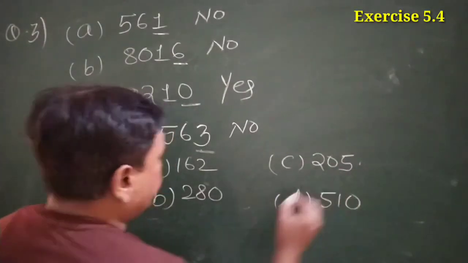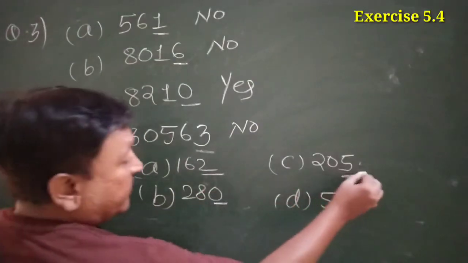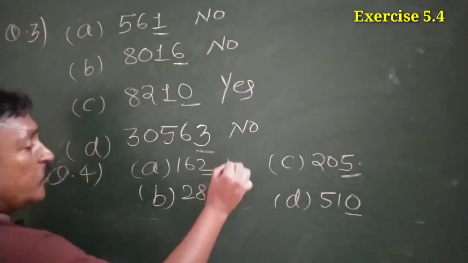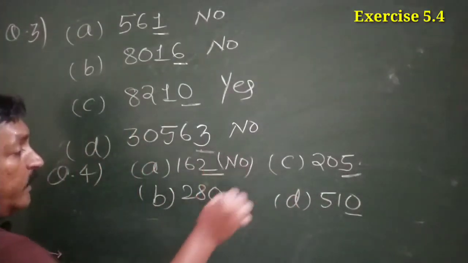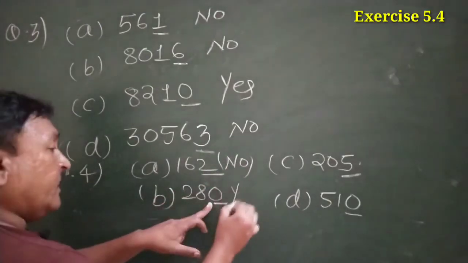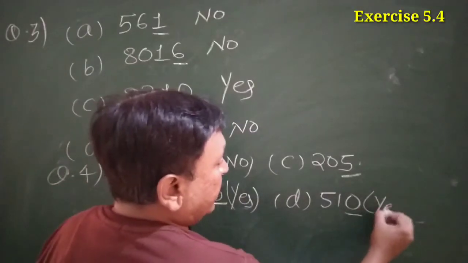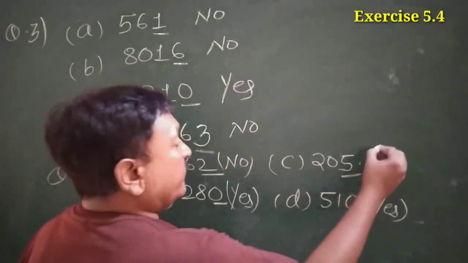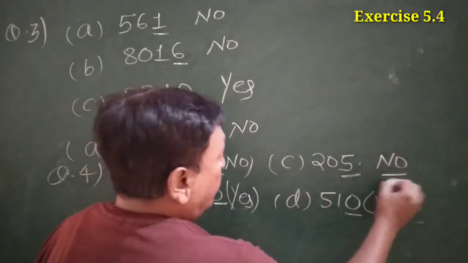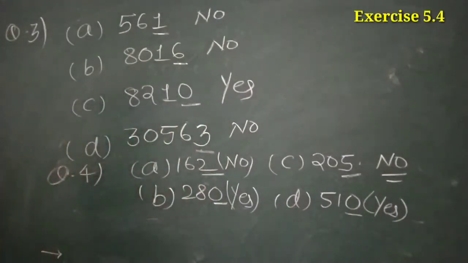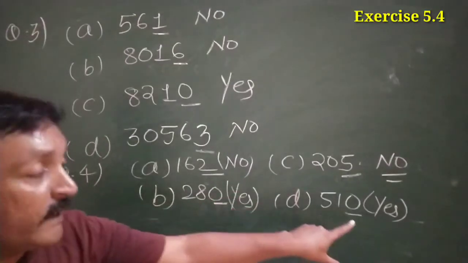Okay. Check the unit place digit. It is 2, so the answer will be no. Here 0, yes, this number is divisible by 10. Here 0, yes, this number is divisible by 10. 5, no, because a number is divisible by 10 only and only if its unit place digit is 0.